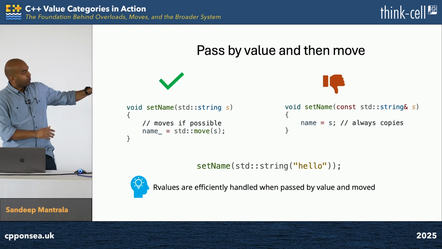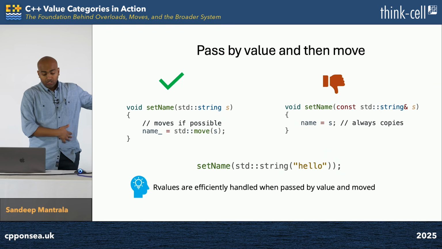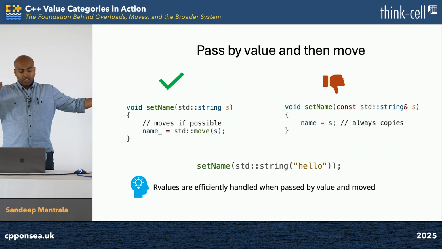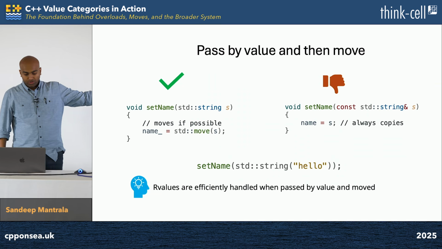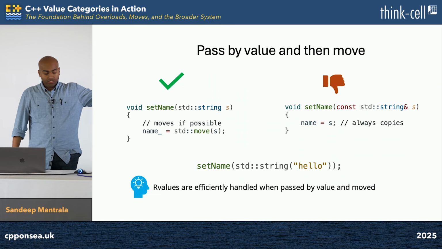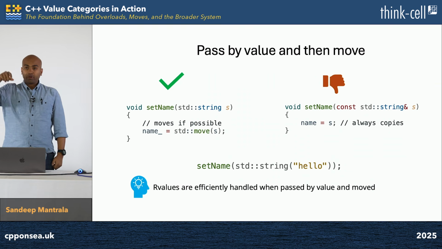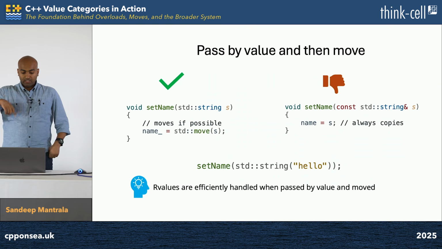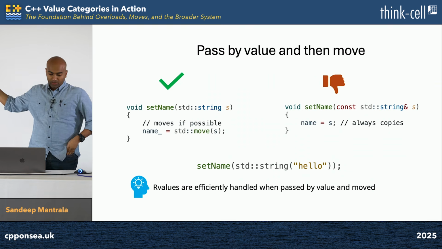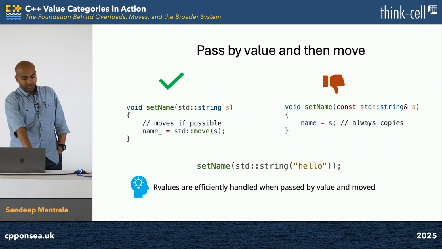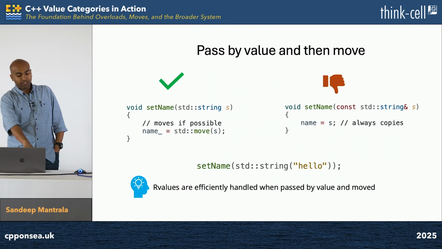There are two possibilities, right? When you're trying to copy values into something, you can bind using std::string s, or you can bind using const std::string& s. Directly copying in the argument and then moving is better than the second one, because when you have a prvalue argument, for example, what would happen in the second case?